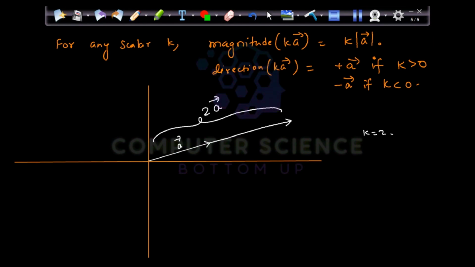And what would -2a vector be? This is when k is equal to 2. What if k was equal to minus 2? Then the direction of the vector would be changed and the magnitude would be doubled, just in the opposite direction, in the straight line itself. This is what -2a vector would be like.